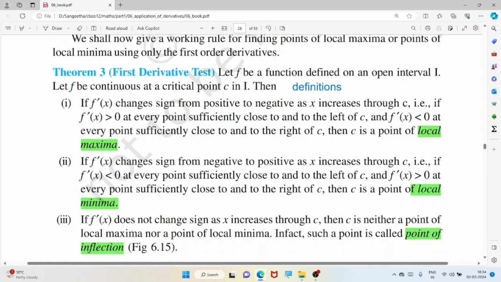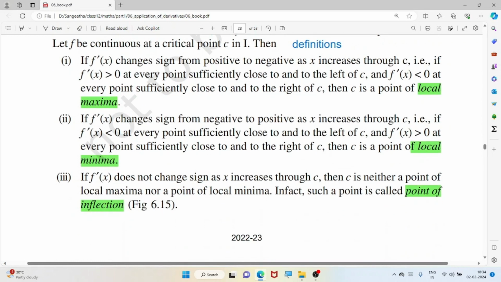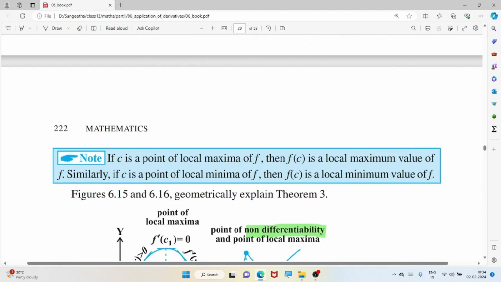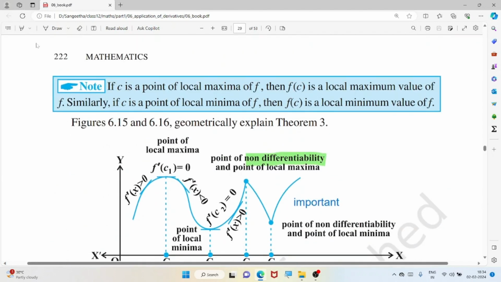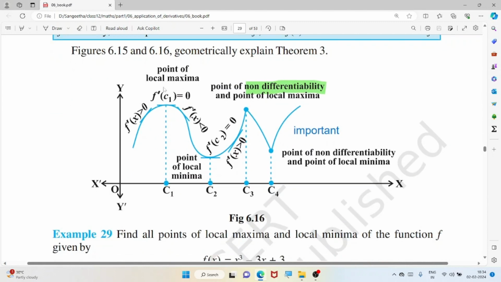First derivative test. Again, you should read these definitions and understand them by looking at the problems, and how they use those definitions. Point of local maxima, point of local minima, points of non-differentiability, these sharp turns, points where you cannot differentiate the function.